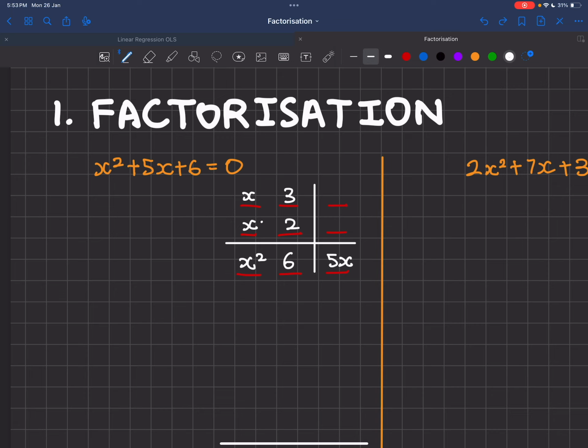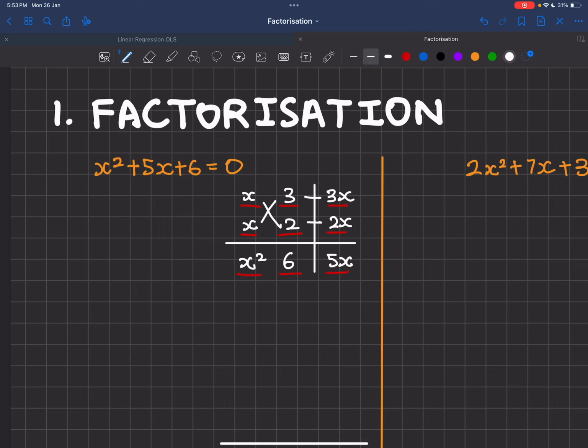Because let's look at this. What do we get here? X times 3 equals to 3x. X times 2 equals to 2x. And 2x plus 3x plus 2x will give you 5x.